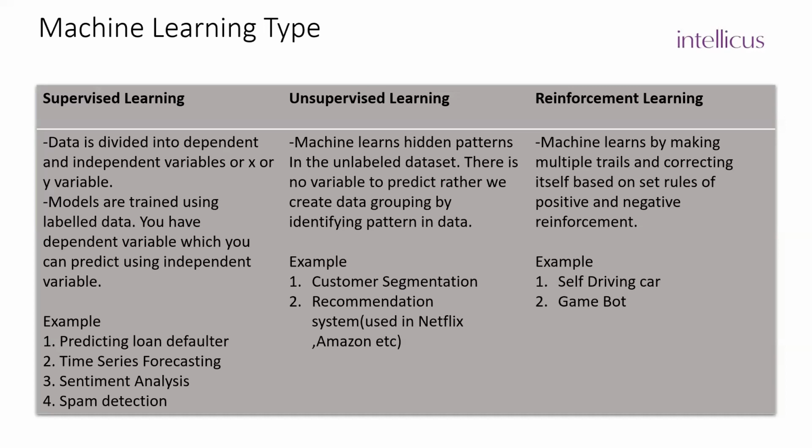In case of unsupervised learning, we don't have labeled data. We just have X variables or independent variables. What we do with these variables is group them into clusters. This is also called clustering, and then we draw insights using this grouping. This grouping is done on the basis of the similarity of the data points.